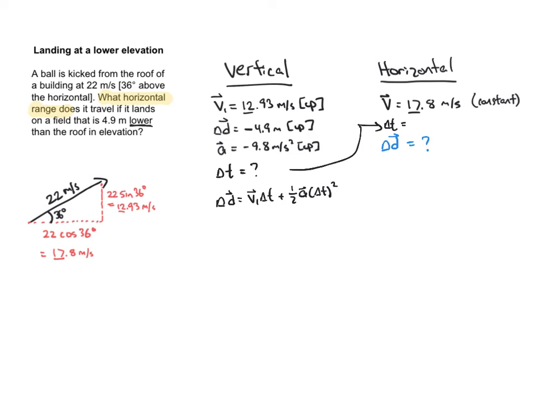So I'm going to go ahead and fill in the numbers. Don't usually like doing this so soon, but when we've got to do the quadratic formula, I don't really see much other way around it.